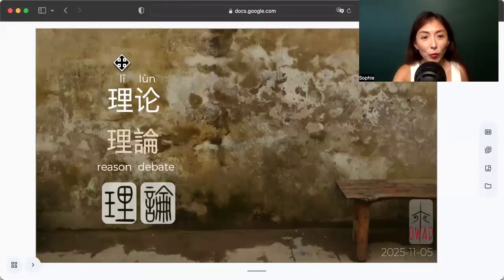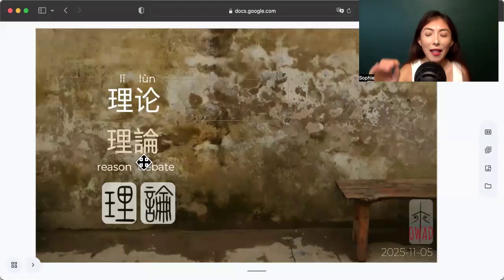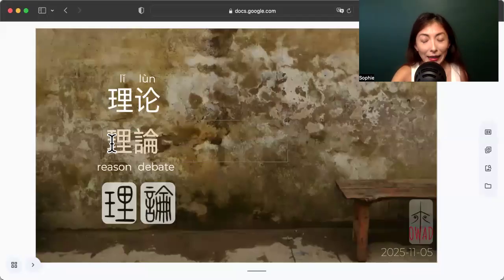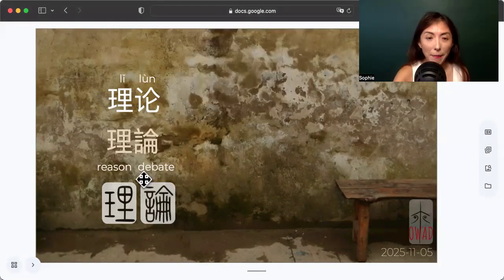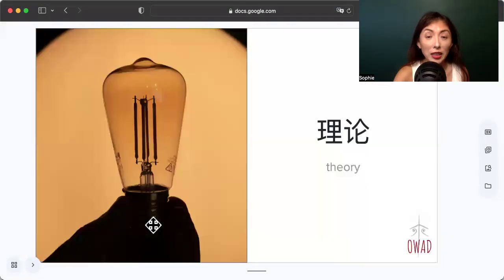Okay, 理论. If we simplify each concept into one corresponding English concept, 理 means reason, and 论 means debate. But actually, both of them have this reasoning part, because 论, this debate, is made of reasoning or thinking plus speaking.